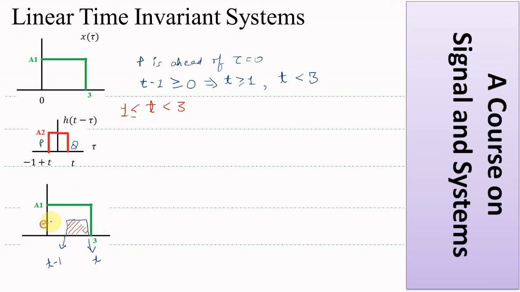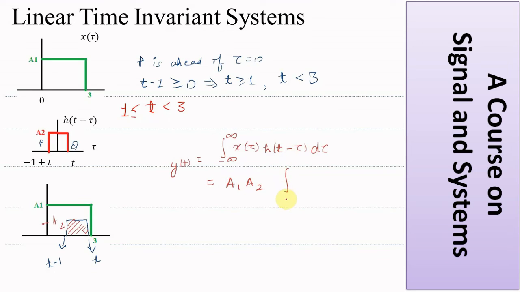The amplitude is a2. So I can directly write that y of t is the integral from minus infinity to plus infinity of x of tau h of t minus tau d tau. But this multiplication is a1 into a2 because x of tau and h of t minus tau do not vary with tau.